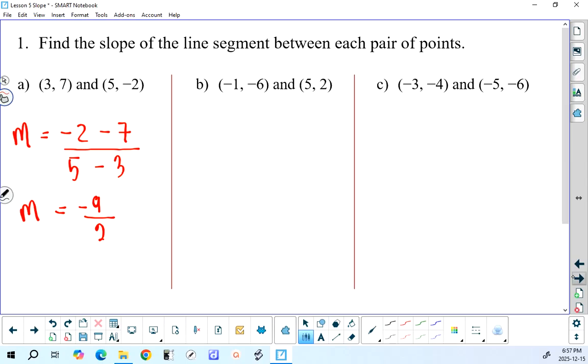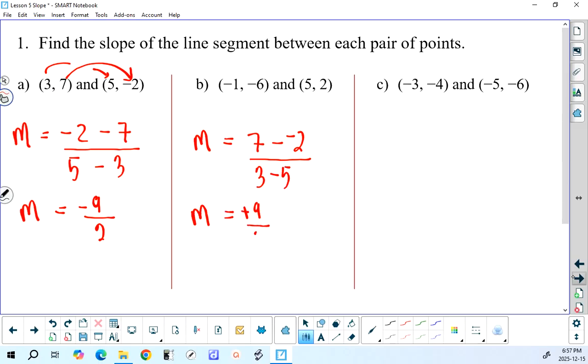What if I did it the other way around? What if on the top I did 7 minus negative 2, and on the bottom I did 3 minus 5. Then what I would get on the top of this would be positive 9. On the bottom I would get negative 2, but that's the same as negative 9 over 2.